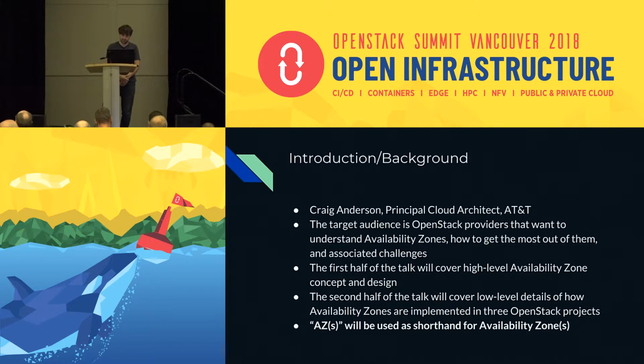The second half will cover the more low-level details of the project-specific implementation in OpenStack. Just the last thing before we get started, I'm going to use AZ as shorthand for availability zones. Each reference is going to save me 5 syllables, and trust me, they'll add up.